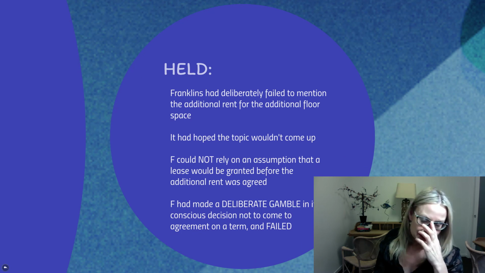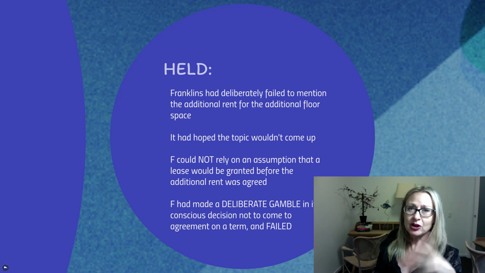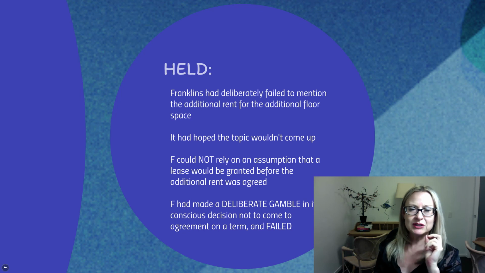The extract in the text, as I said, kind of tends to indicate that Franklin's succeeded on equitable estoppel here, but in fact they did not. And there was some fairly cracking decision making by the majority judges, I think, here. And what had happened was Franklin's had deliberately, not only had they said that they wouldn't commit to the lease, okay, as I said to you before, just keep that in the back of your mind, they had also deliberately failed to mention this whole issue of the additional rent because they just hoped that they'd get away with the topic not being brought up again.